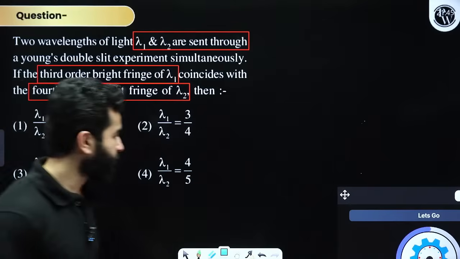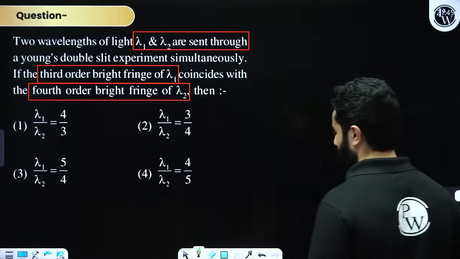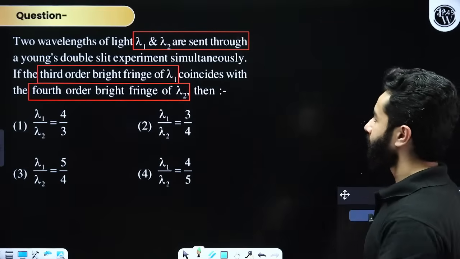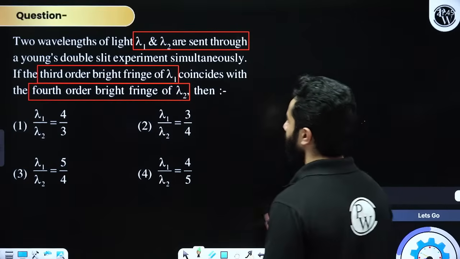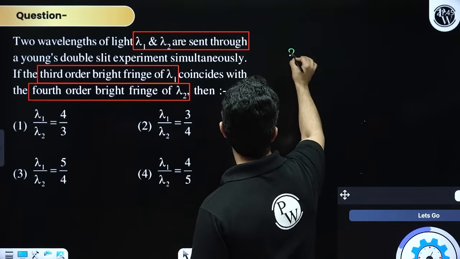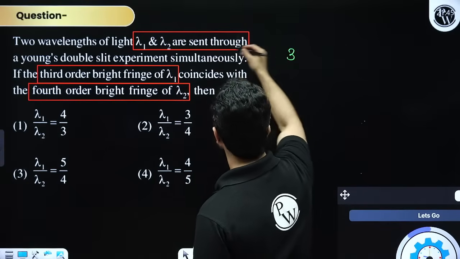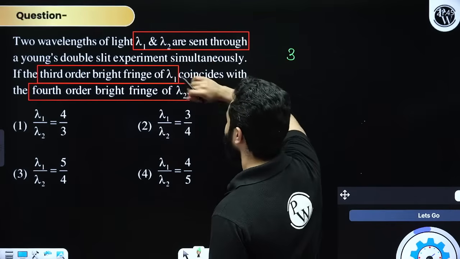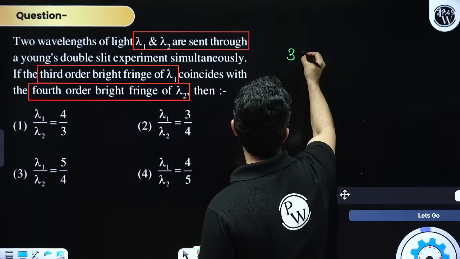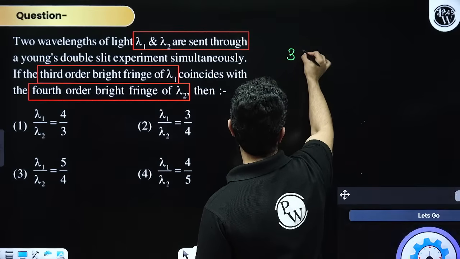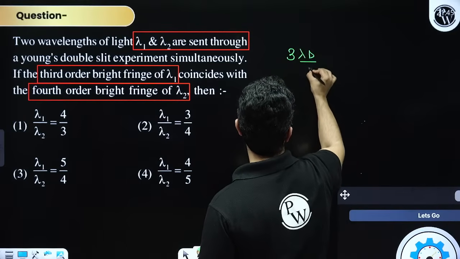Be quick. Third order bright fringe means 3, and by the way they are saying the third order bright fringe coincides with the fourth order bright fringe. So 3, and over here write down lambda capital D by small d.